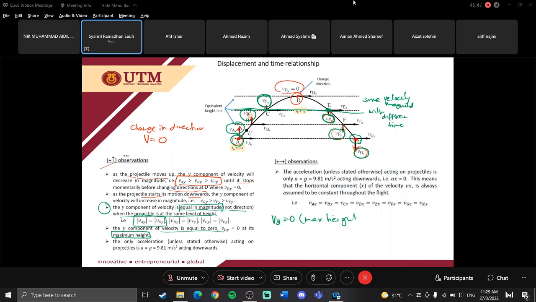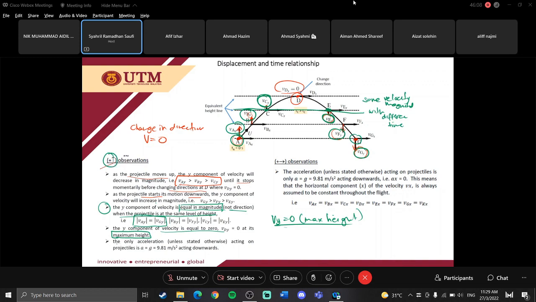Sometimes in the question you are asked to determine the maximum height of the particle. So you know the information that you have: at maximum height, V along Y will be 0. So this is along Y.